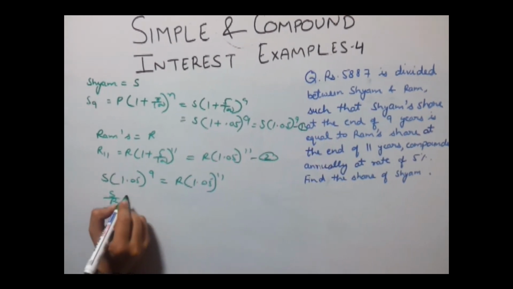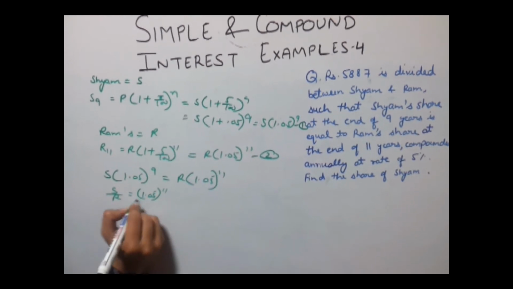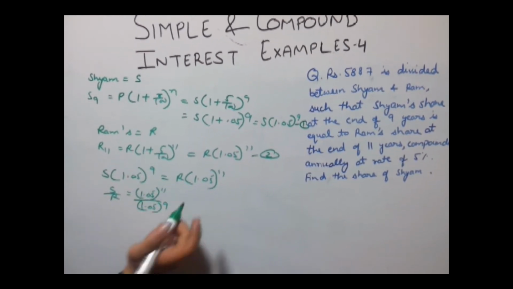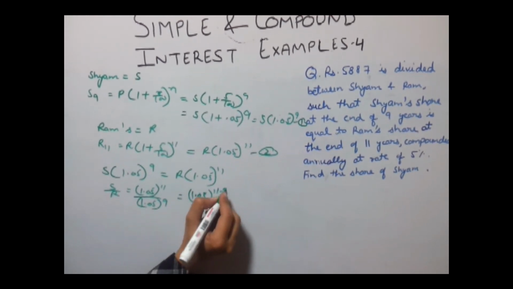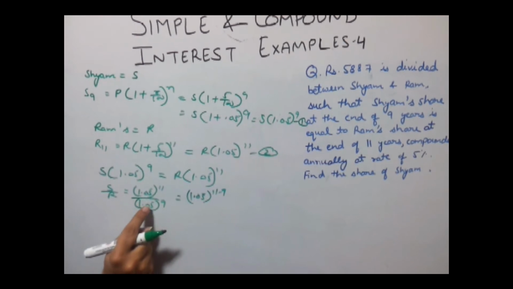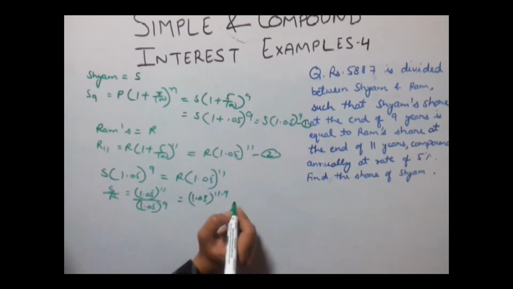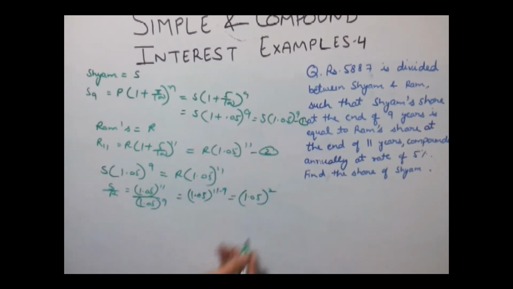S by R is equal to 1.05 to the power 11 over 1.05 to the power 9. This will give us 1.05 to the power 11 minus 9, because if the values are the same and only the powers are different, we subtract them, which will give us 1.05 square.